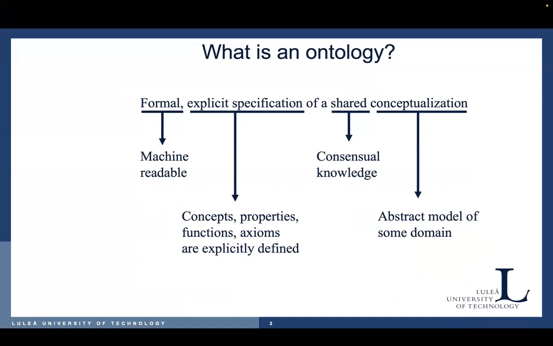To begin with, some definitions, a definition taken from a research paper. Ontology is a formal, explicit specification of shared conceptualization. Formal is linked to machine readability. That's the main motivation: you want to create a specification that is easily processable by computers.